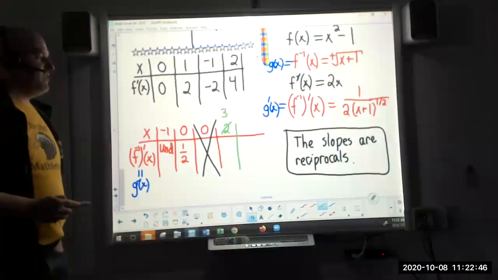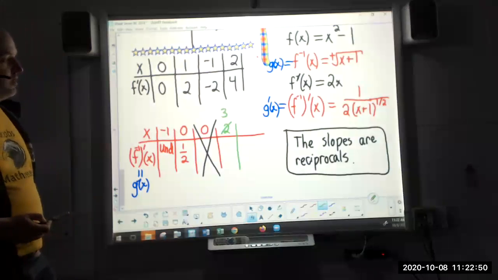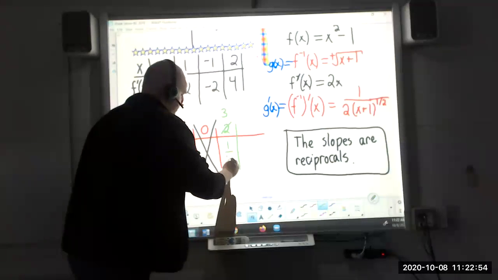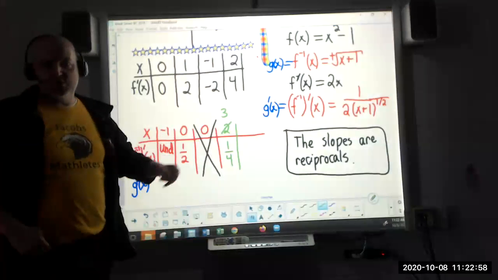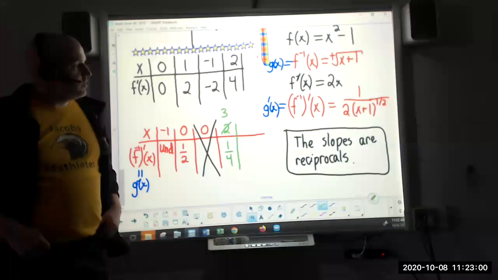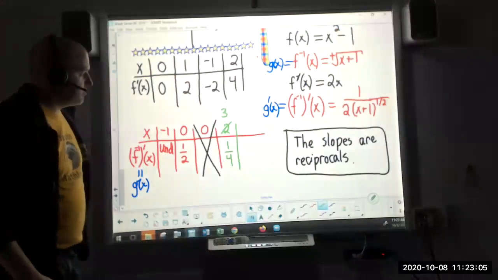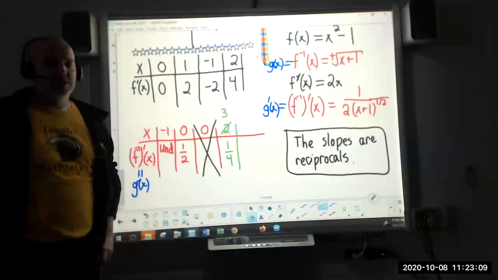So what's f inverse prime or g prime of 3? 3 plus 1 is 4, square root of 4 is 2, 1/4. What would have happened if I used 2? If I used 2, I would have had 1 divided by 2 times the square root of 3. Is 1 divided by 2 times the square root of 3 the reciprocal of 4?